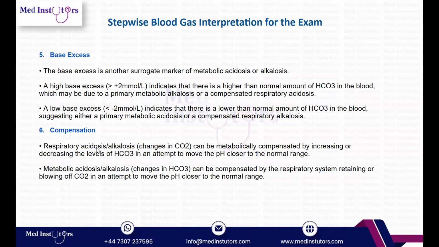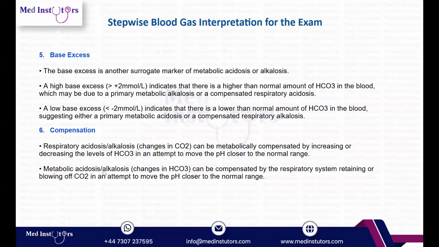For instance, if the patient has respiratory acidosis, there is an accumulation of carbon dioxide, and that means an accumulation of carbonic acid in the blood. So what do the kidneys do in compensation? They try to increase the bicarbonate level, which is the base. So they try to neutralize the increasing amount of acids by retaining more and more bases in the body. This would be the kidneys' compensation.